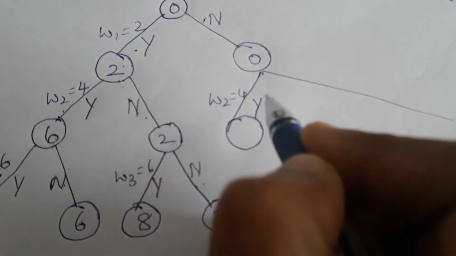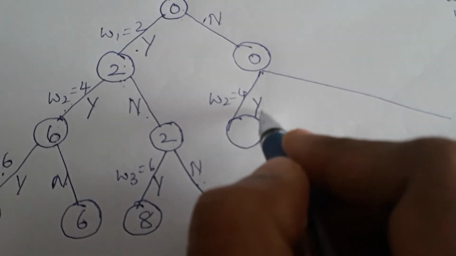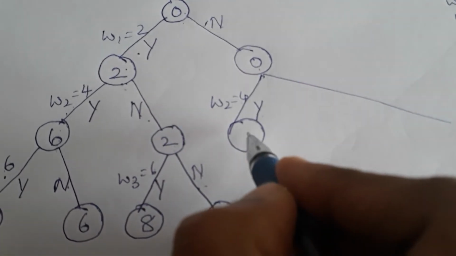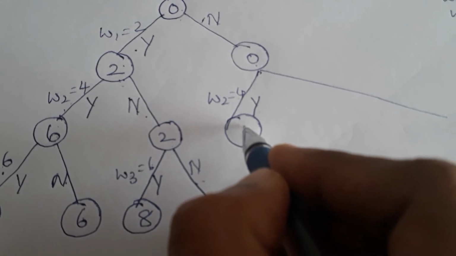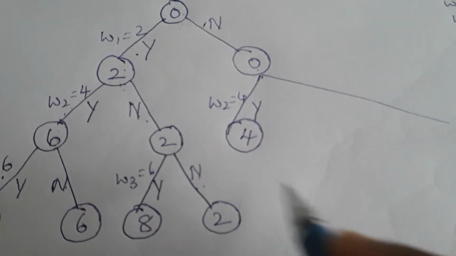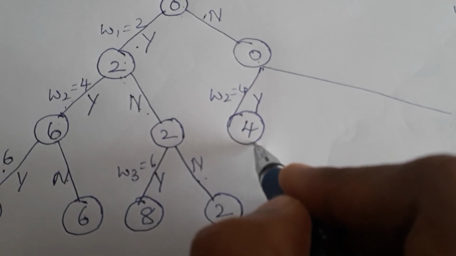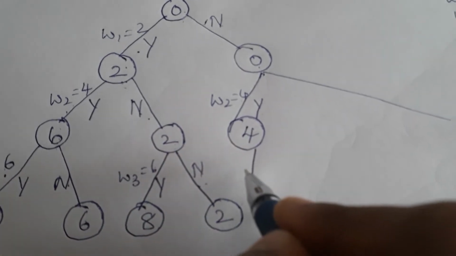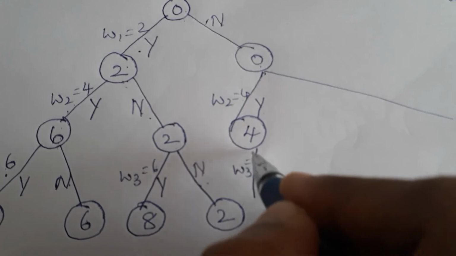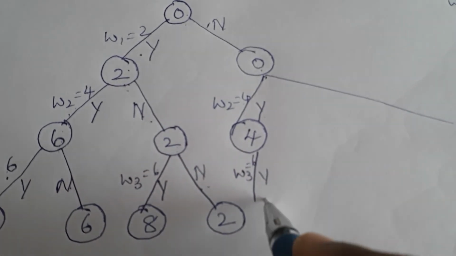By considering w2 is equal to 4, yes, 0 plus 4, the sum of the subset is 4. Here we will construct in depth first manner again by considering w3 is equal to 6, yes.